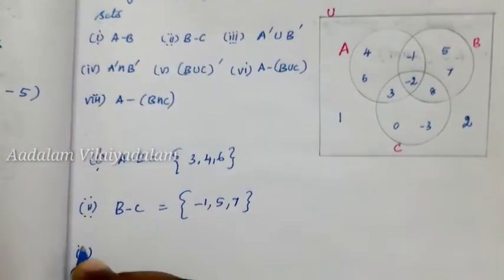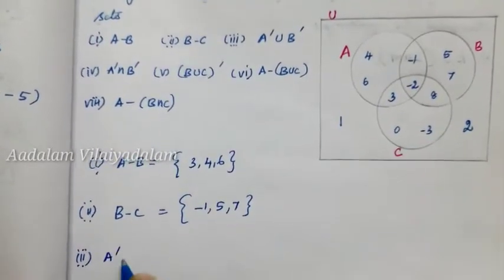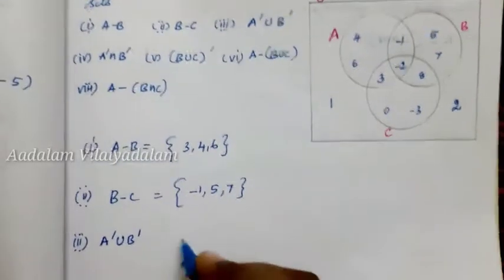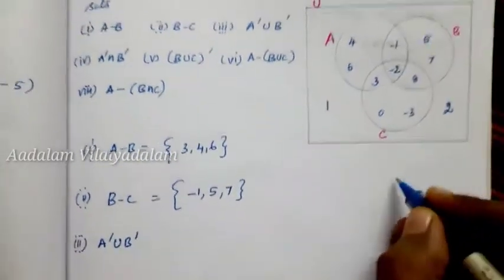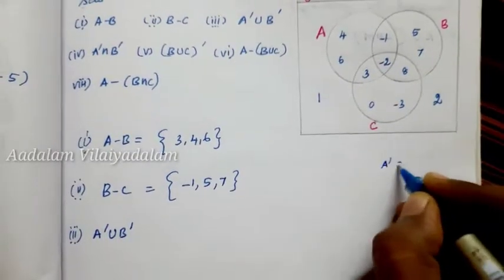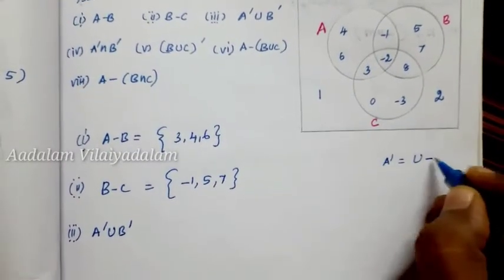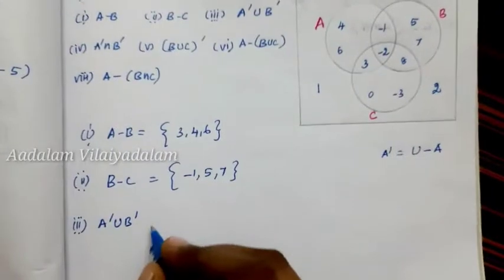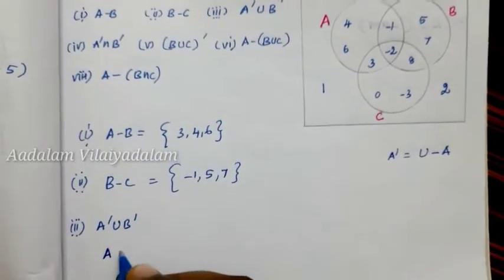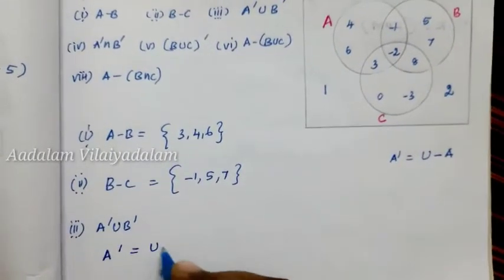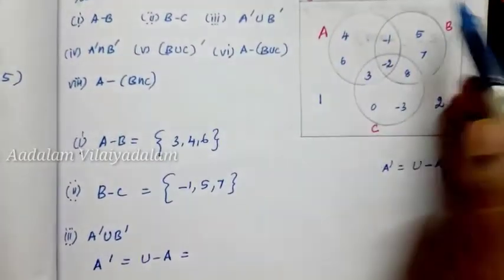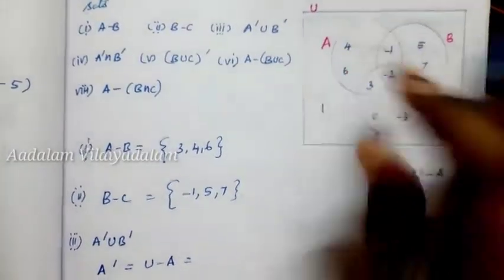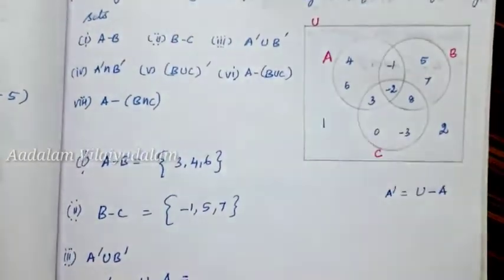Next, A dash union B dash. What is A dash? Usually how will we write? A dash is equal to the universal set minus A, so A dash equals U minus A. This whole rectangle is called the universal set.